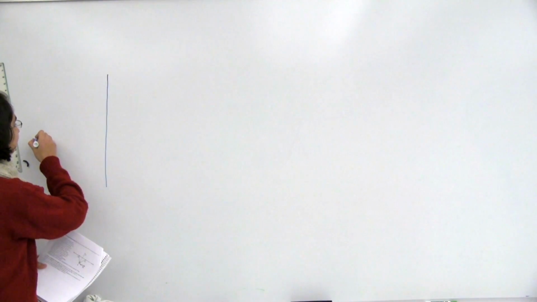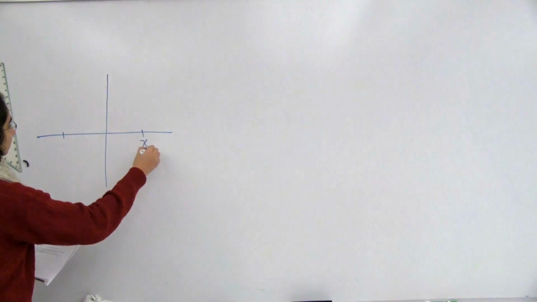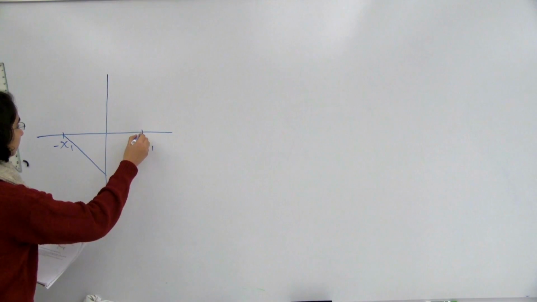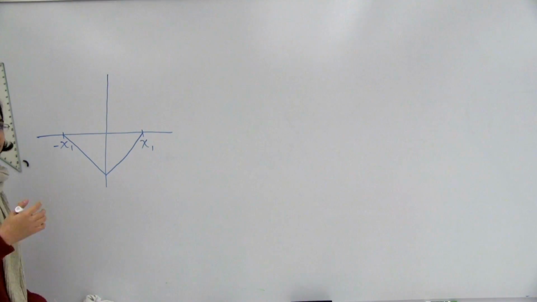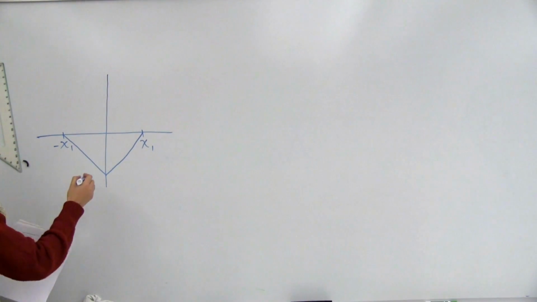So we are given an E versus X graph, and you're supposed to find an expression for V in terms of X. Everybody remembers a little bit.